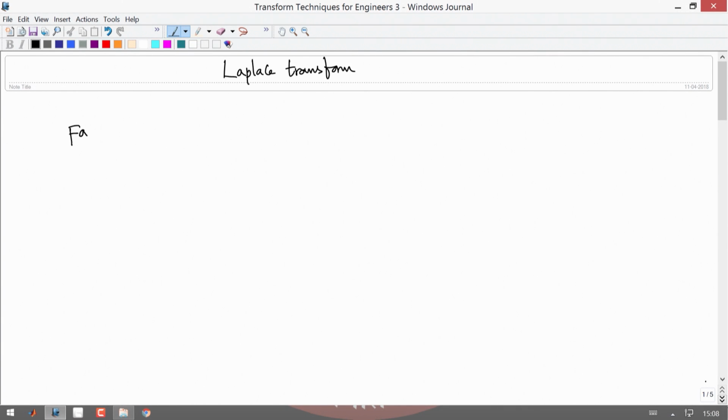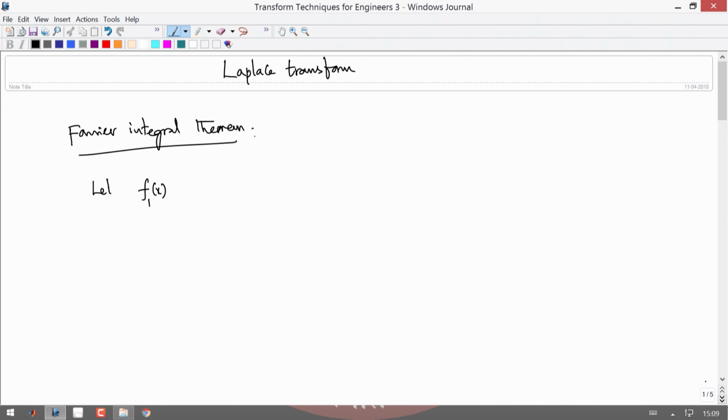So to start with, we will just consider the Fourier integral theorem that we have proved in earlier videos. So what is that you have? If I have a function, let us call this f1 of x.